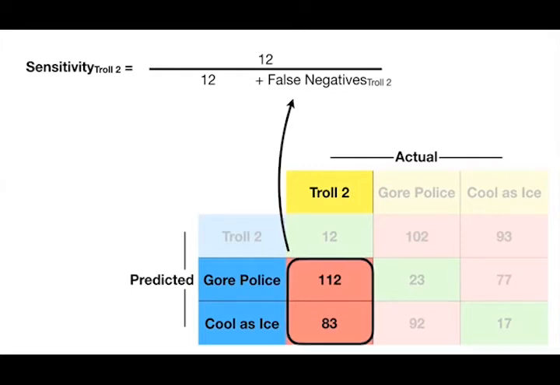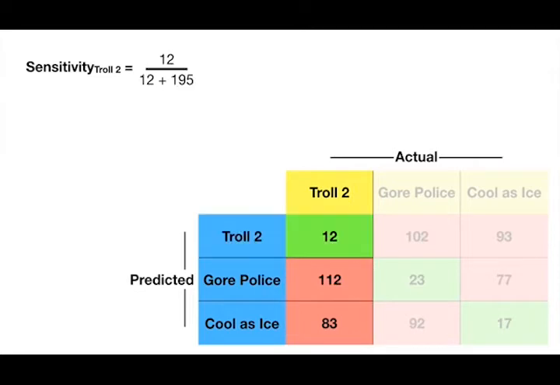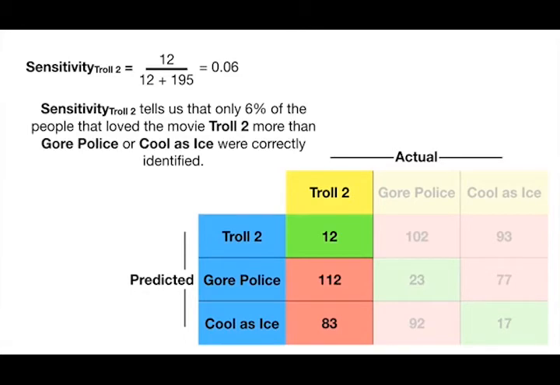So for false negatives, we'll plug in 195. And when we do the math, we get 0.06. Sensitivity for Troll 2 tells us that only 6% of the people that loved the movie Troll 2 more than Gore Police or Cool as Ice were correctly identified.